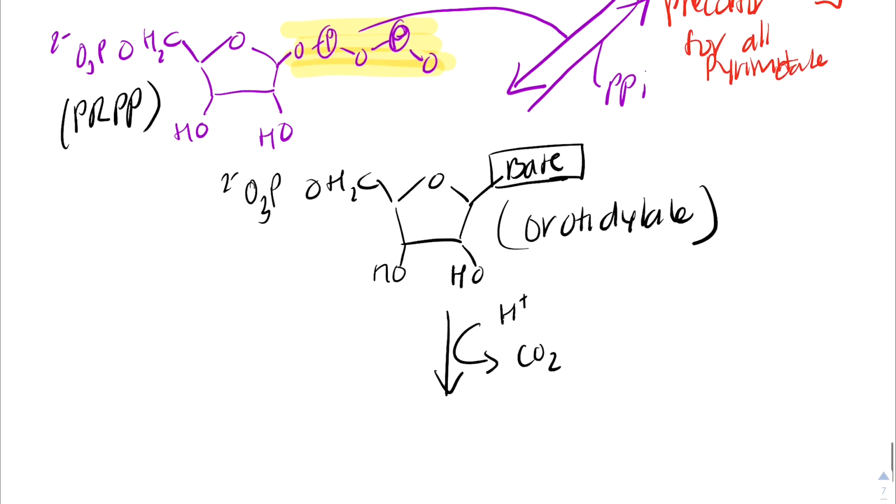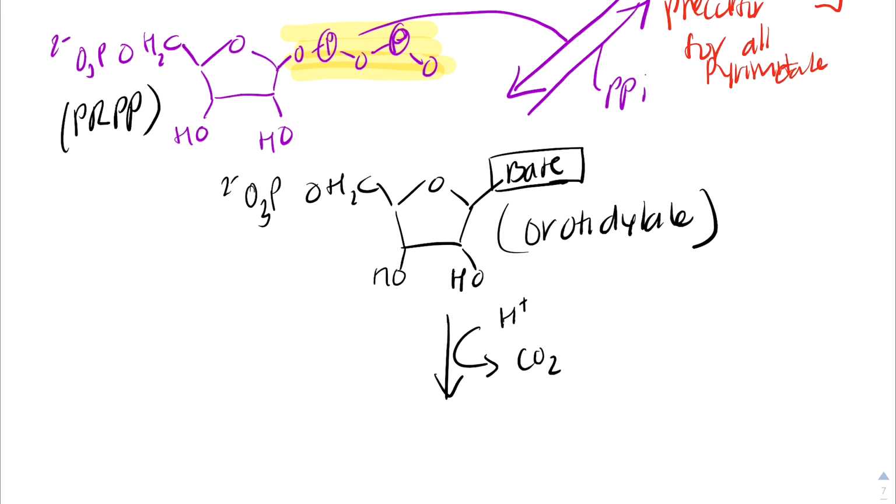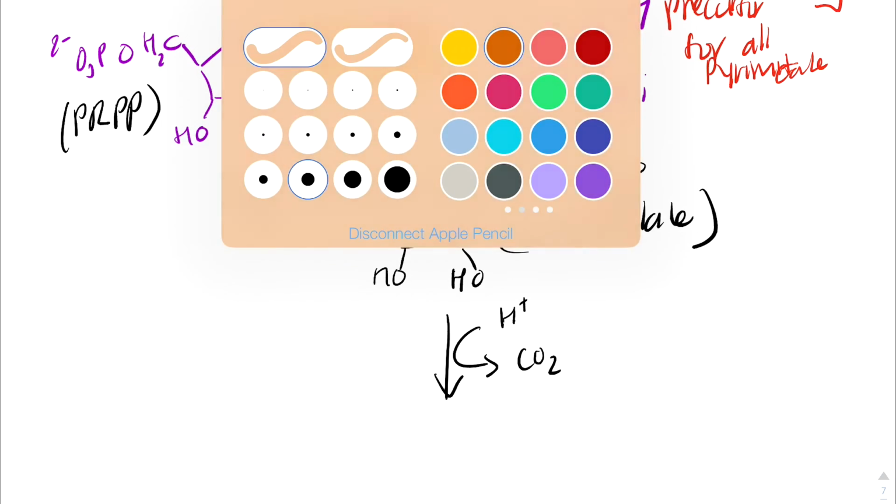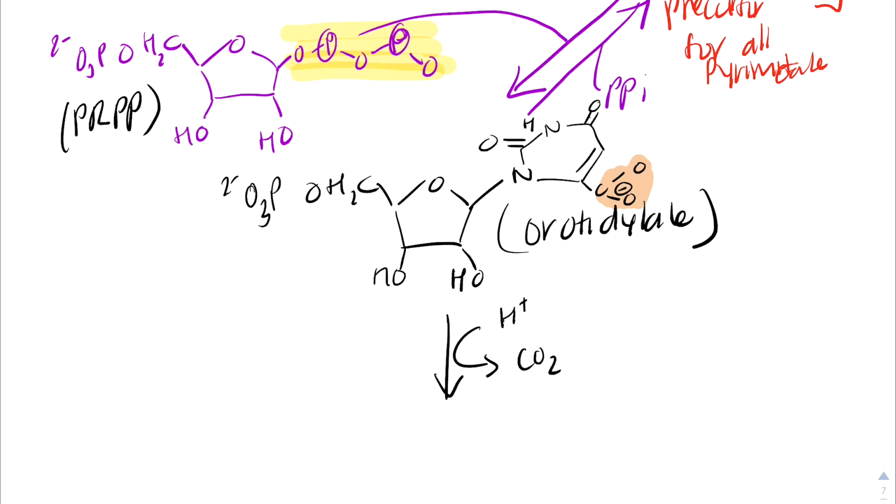So if you look in his slides, I'll just draw it here actually, so that way I don't confuse anyone. But it looks like something like this. So this is an intermediate step. So you're actually removing this CO2 here, so that way you can make it specific to your pyrimidine.